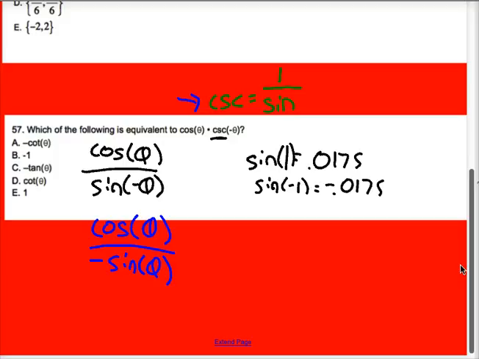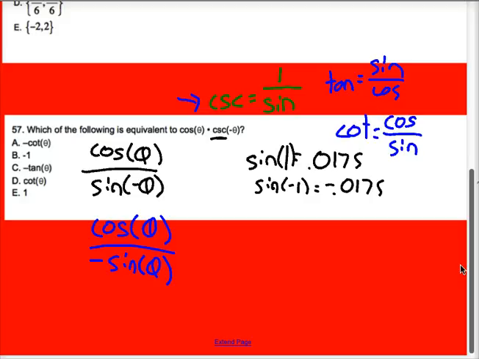There's also a property that says tangent is sine over cosine. However, that's not quite what we have here, is it? This is probably the one you remember, but it's not what we have. We have cosine over sine. So unfortunately, the next thing you have to remember is the reciprocal of tangent, which is called cotangent.